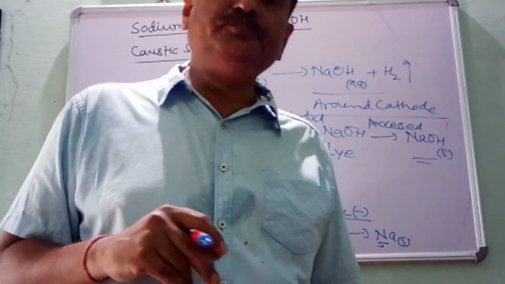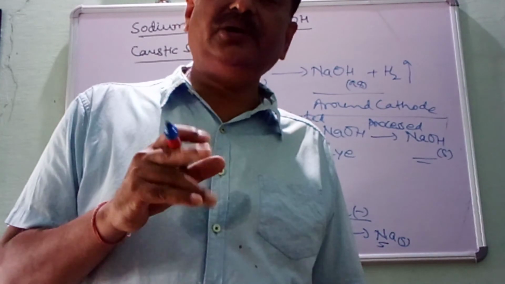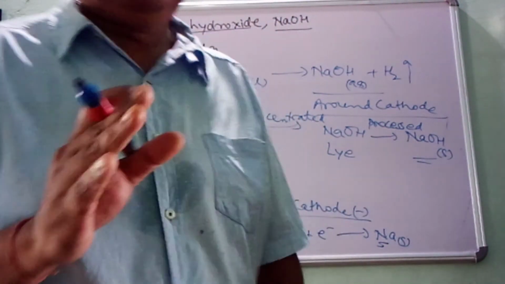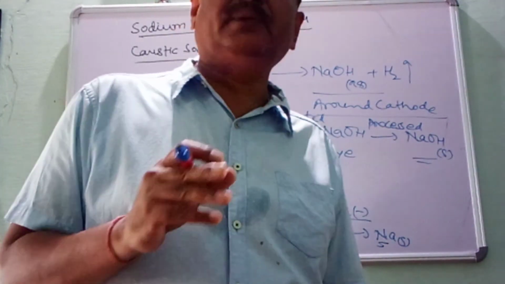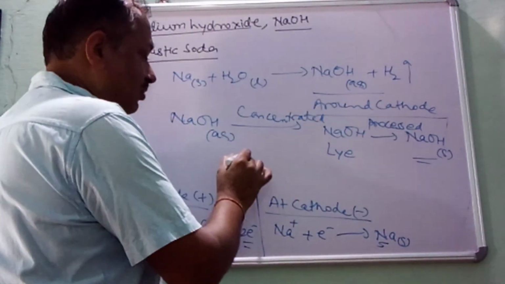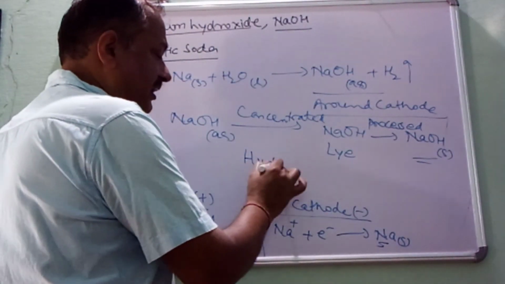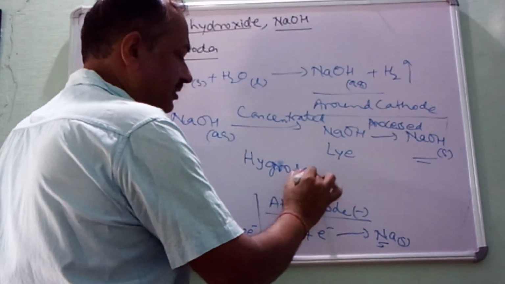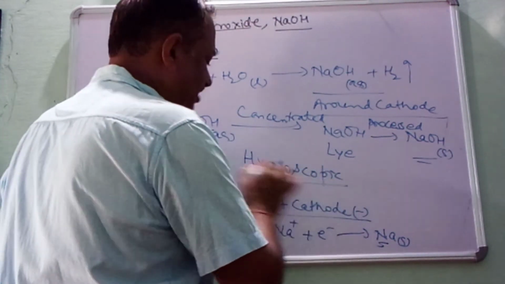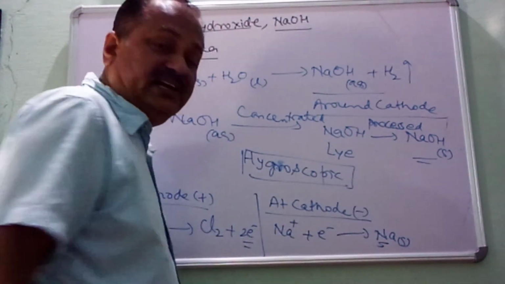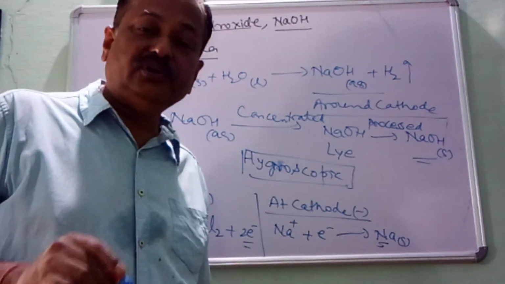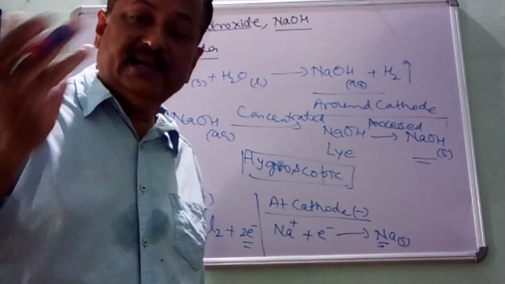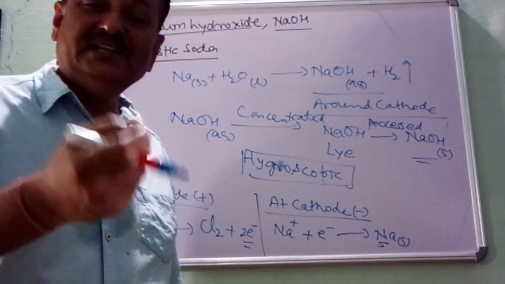Now one very important point about sodium hydroxide is that it has the property to absorb moisture from outside, and this property is called hygroscopic. Hygroscopic nature means it absorbs moisture from outside and it becomes just a runny liquid.